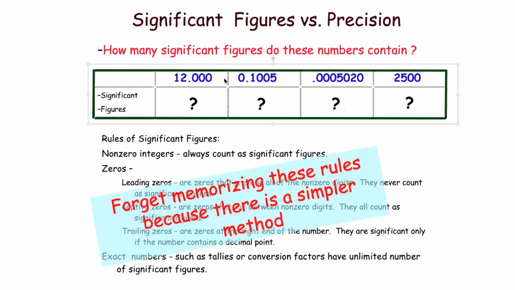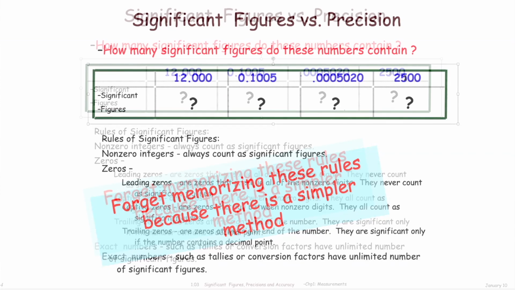If I ask you how many significant figures this number contains, you might say it's got 4, or maybe 5, or maybe 2. How about this number? You might say it's got 4, or you might say 7. And this number, how many significant figures does it have? Some students will say 2, some students will say 4. There's actually a very easy way to know the number of significant figures by just glancing at the number.